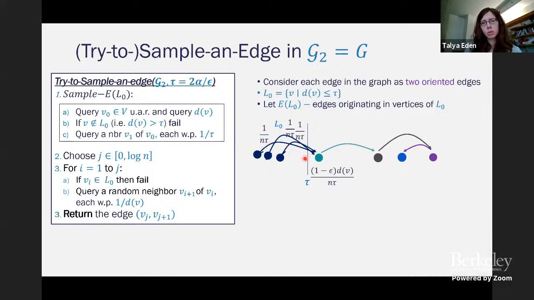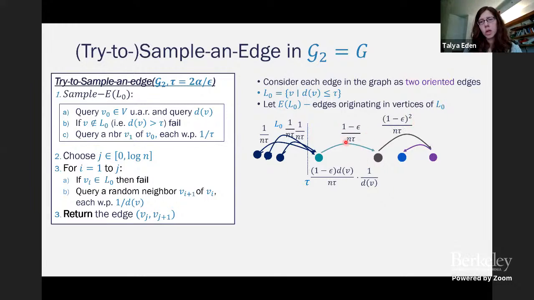So this happens with probability at least (1 minus epsilon) dv over n tau, because each one of its incoming edges gives it probability 1 over n tau, and there are (1 minus epsilon) dv such neighbors. And then the probability that we continued to this specific edge happens with probability 1 over dv. We just sample a uniform neighbor of v, and we see where we got. So the probability we got this edge, altogether, is (1 minus epsilon) over n tau.